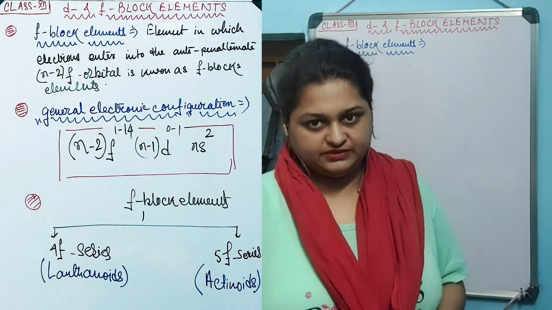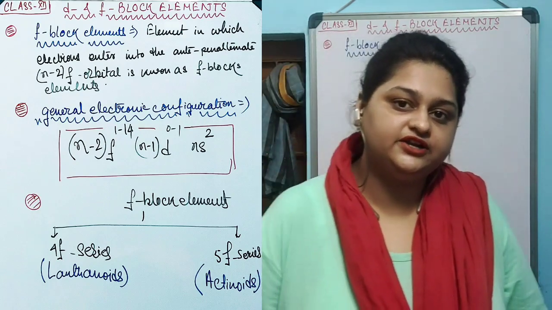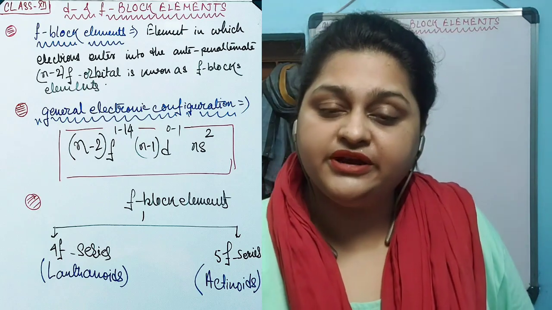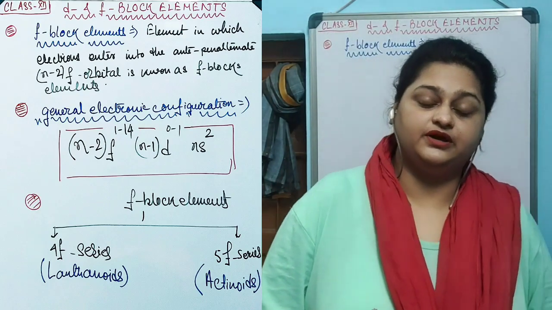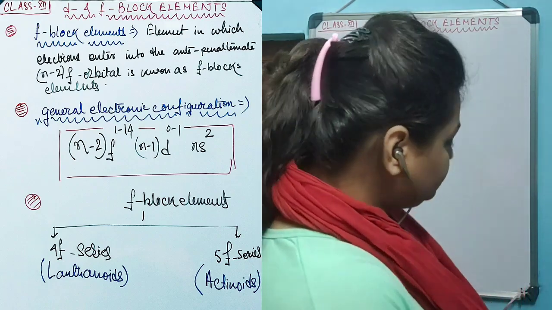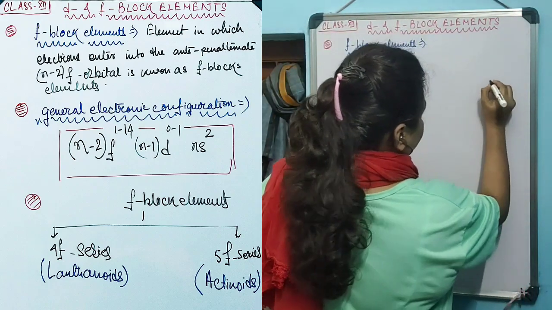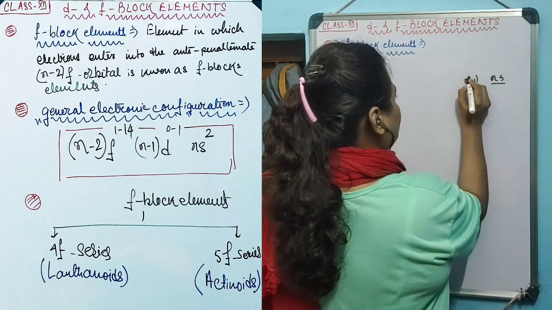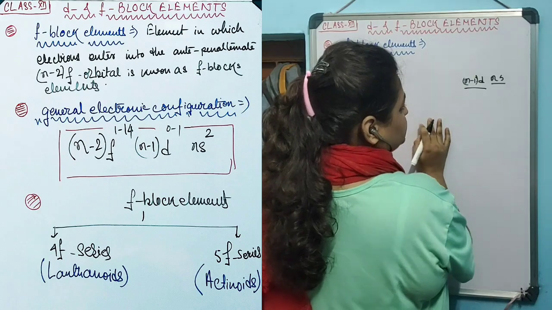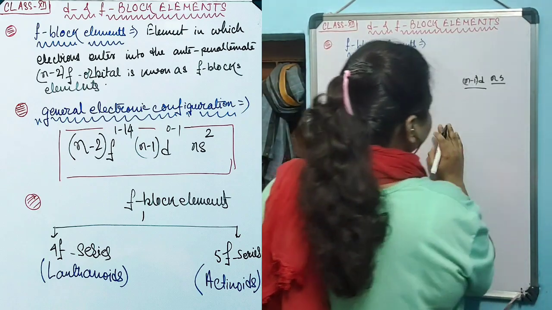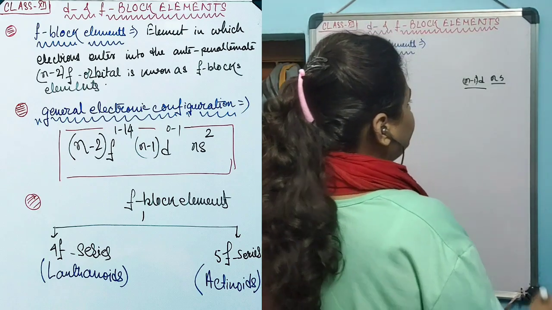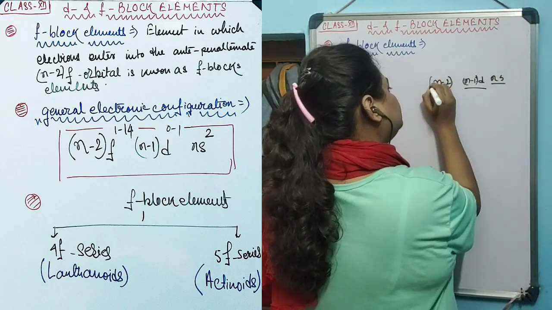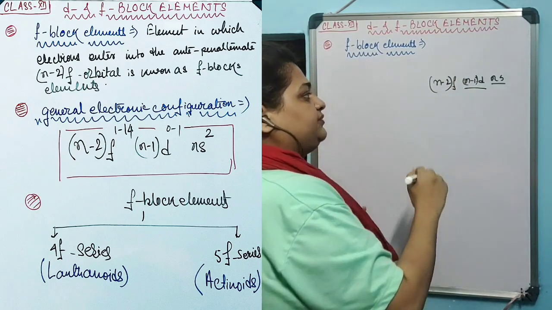F-block elements are those elements in which the differentiating electrons enter into the n-2 penultimate shell. Now what I'm trying to say is that n is the outermost valence shell, n-1 d is the penultimate shell, the shell just before the valence shell or outermost shell, and n-2 f is the anti-penultimate shell.